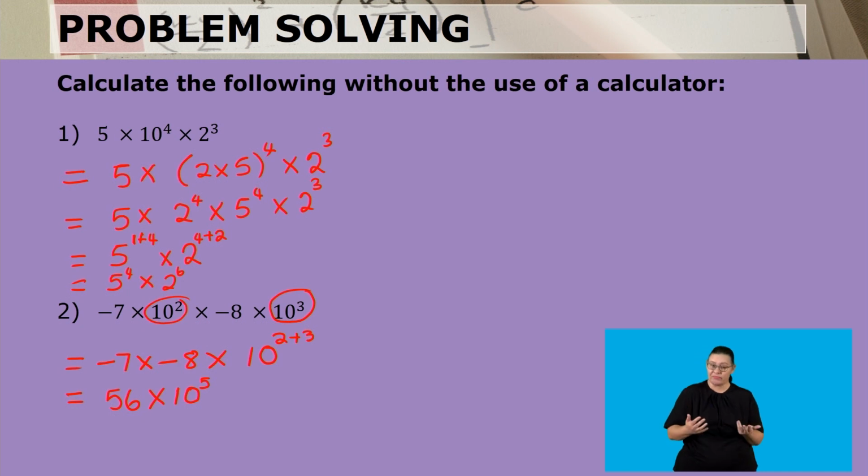Now, of course, we can go and expand this calculation. So that is going to be now that 56 multiplied by 5 of these 10s. That is going to be 1, 2, 3, 4, and 5. So our final answer is going to be 5,600,000.